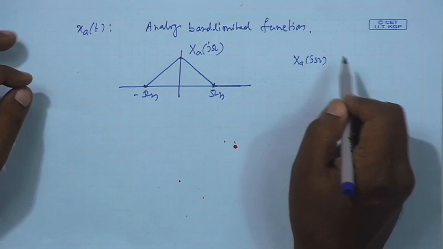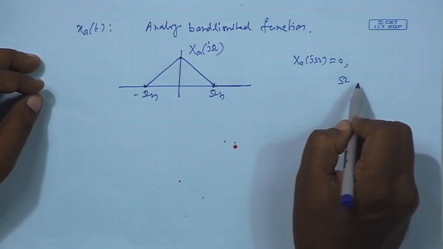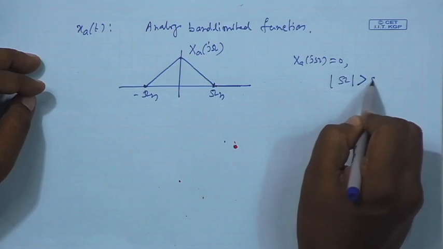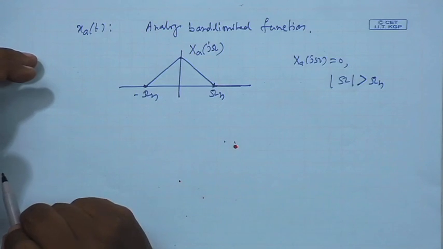All right. So, this is given to be 0 for mod omega greater than omega h. That is omega greater than omega h or less than minus omega h.